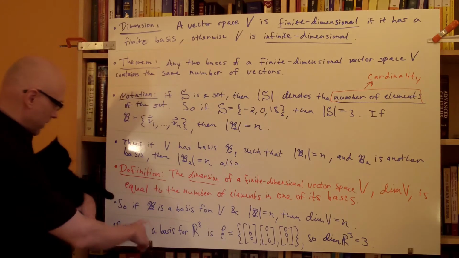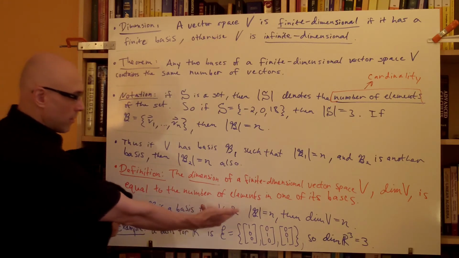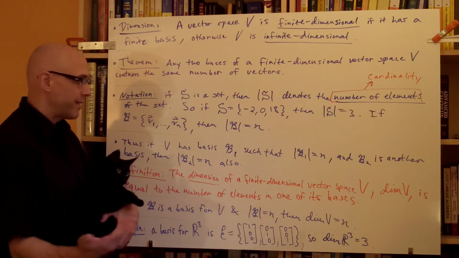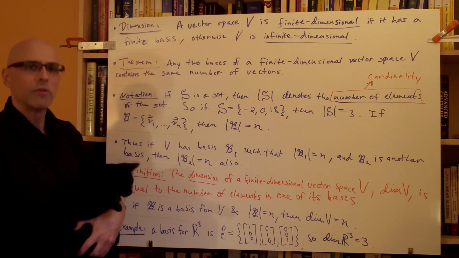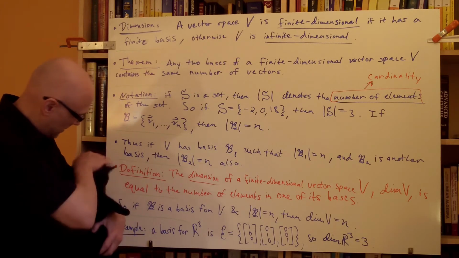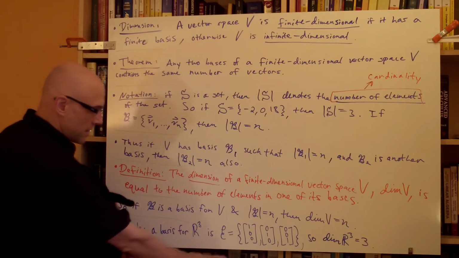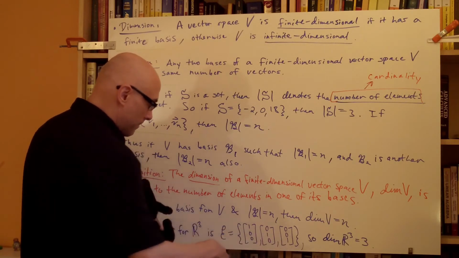Alright. So, if B is a basis for V and the number of vectors in B is n, you would say that the dimension of the vector space V is equal to n. Or you have an n-dimensional vector space. A basis for R3, for instance, contains these 3 vectors: 1, 0, 0; 0, 1, 0; 0, 0, 1.